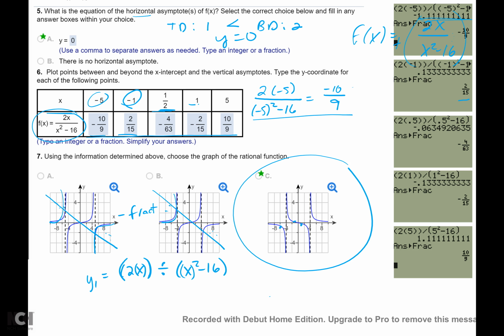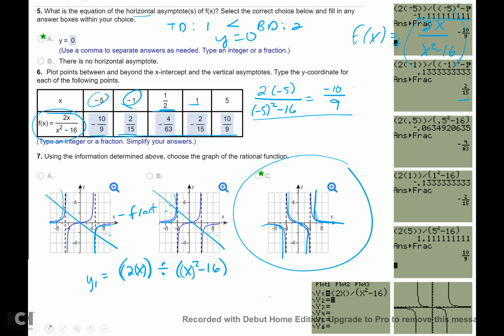Okay, and then at +1, I plugged it in, I got -0.1333, so at +1, it should be about right there. These are too close to even graph. And then at 5, it's going to be 1 point something. Yeah, 1.1 something. And so then you're supposed to know, well, since I got that, it boomerangs here. To go through there, it's got to make an S shape, and this one's got to be the boomerang up here. Okay?